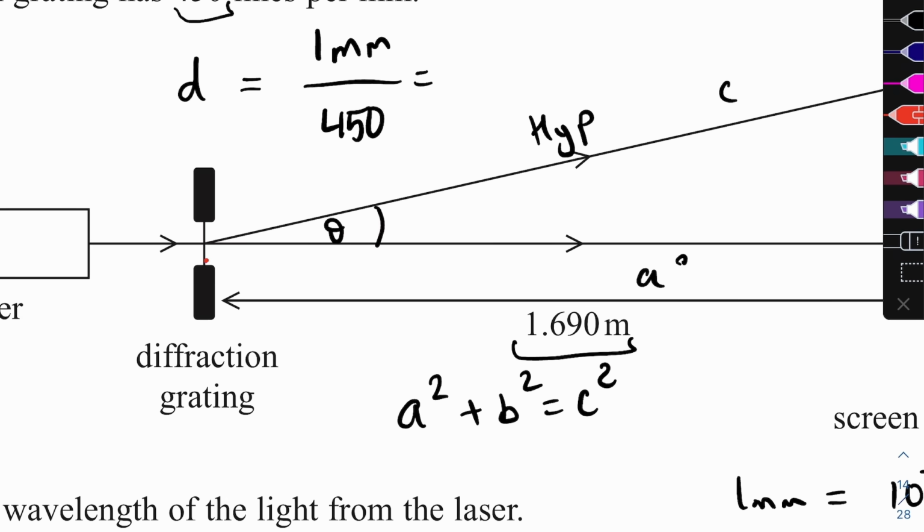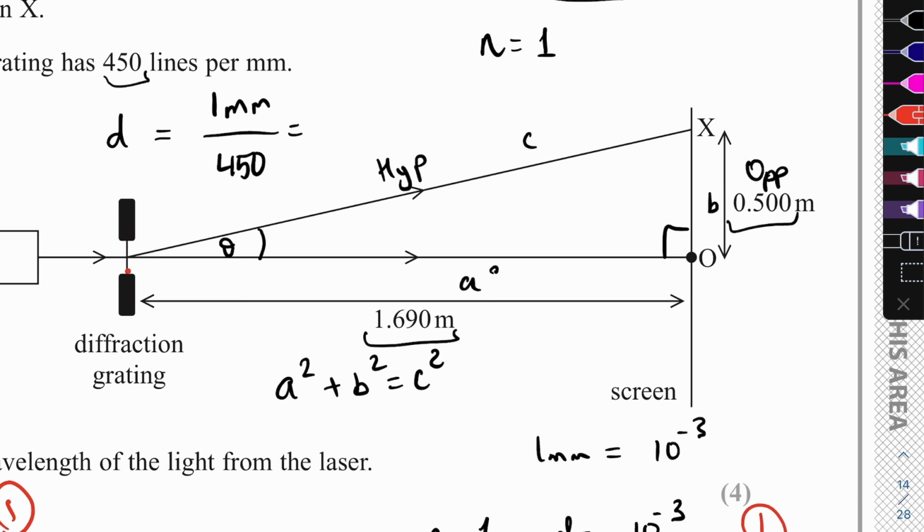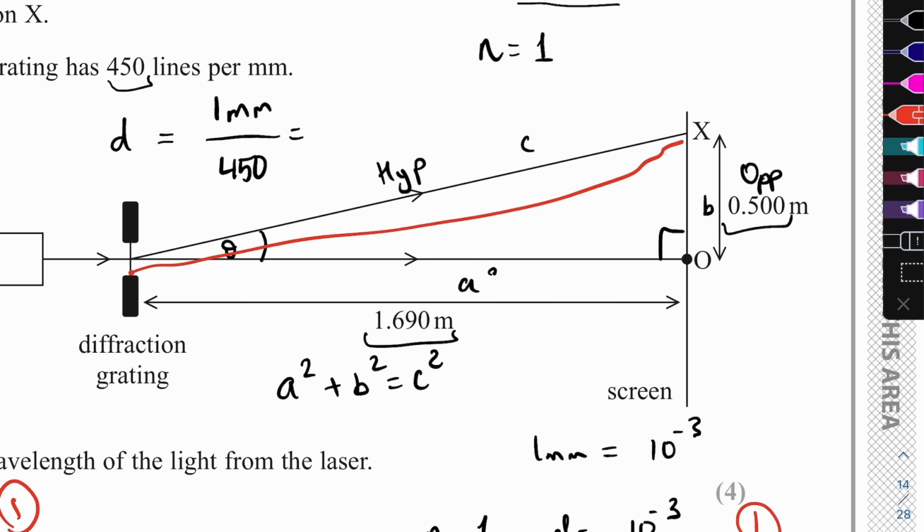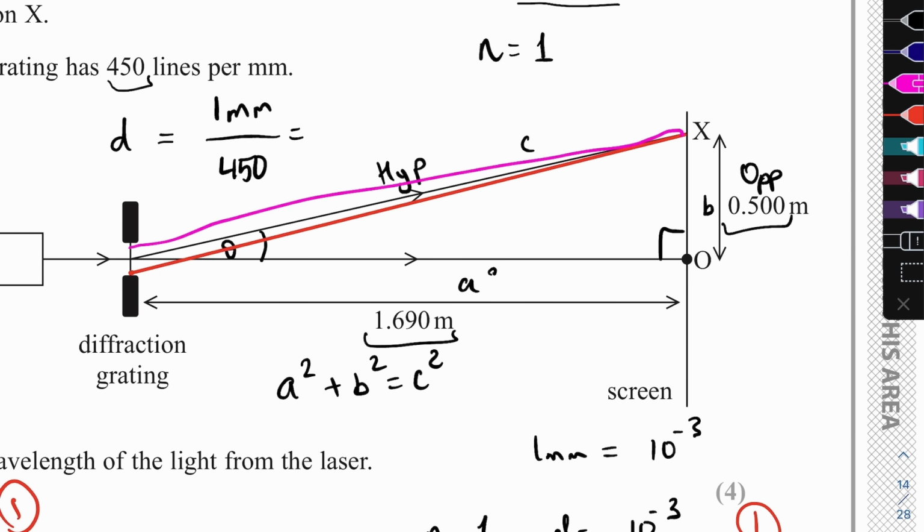Go from here to x, for example, and another one here. Let's do it in purple. It goes from here all the way here. So you can see that the waves are coming from different slits of the diffraction grating.